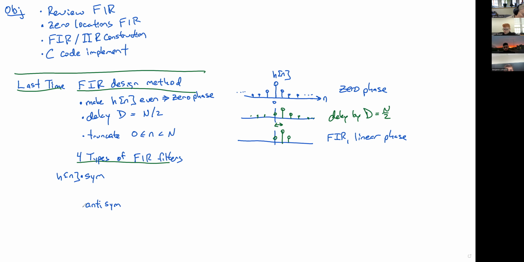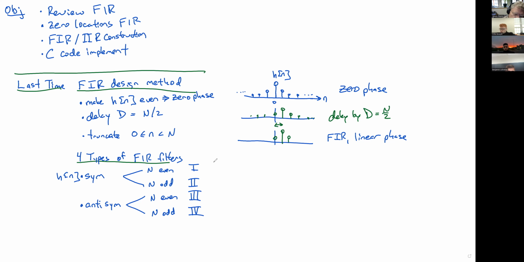And if it's symmetric, you can have an even order or an odd order. And then the same thing for the anti-symmetric. And the types are 1, 2, 3, and 4.